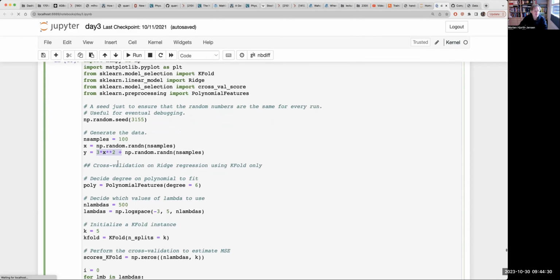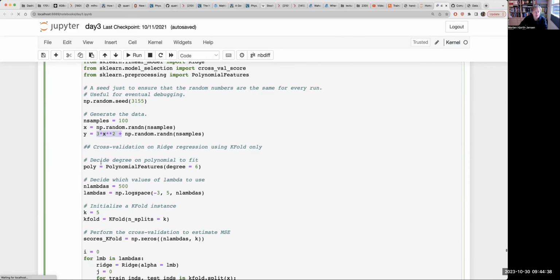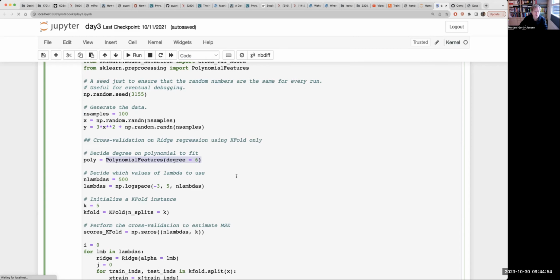We have 100 data points, random numbers normally distributed for x, and then the values for y. Now I'm doing something stupid, because this is a second order polynomial, but I'm actually going to fit a sixth order polynomial. I'm assuming that I don't have any idea of what the data set is, and I just pick a sixth order polynomial.